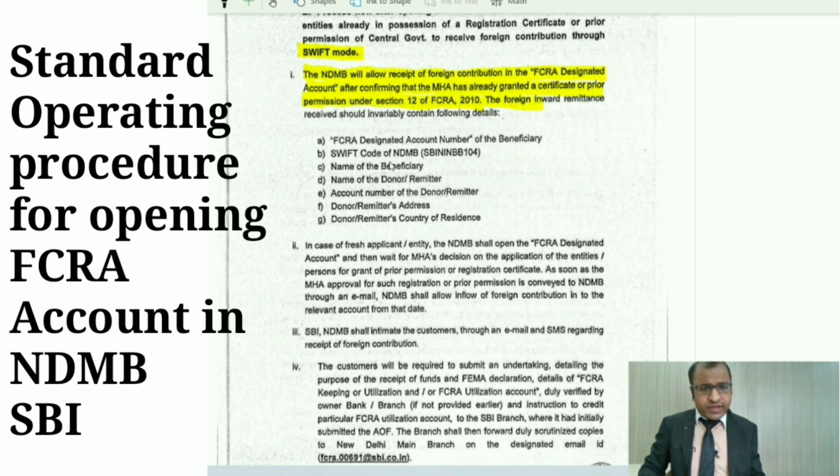The foreign inward remittances should contain the following details: FCRA designated account number of the beneficiary, SWIFT code which was given above, name of the beneficiary, name of the donor or the remitter who is transferring the money, account number of the donor, the donor's address, and the donor's country of residence.